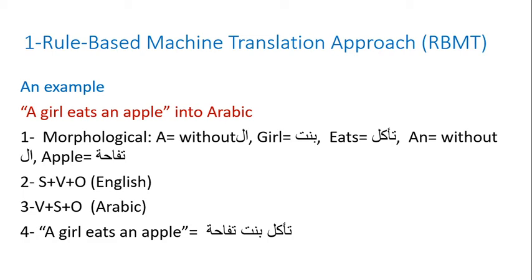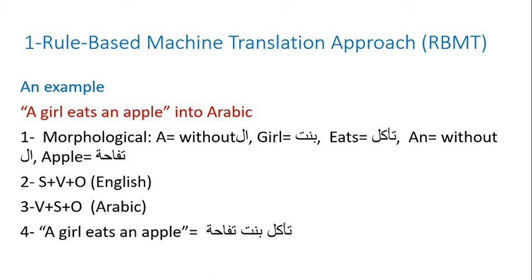Then the rules representing the structure: in English, subject, verb, object arrangement, and then verb, subject, object arrangement in Arabic. And hence we get this translation: "girl eats an apple" is ta'kulu bintun tufahatan.